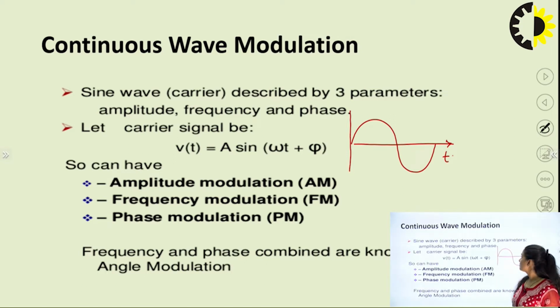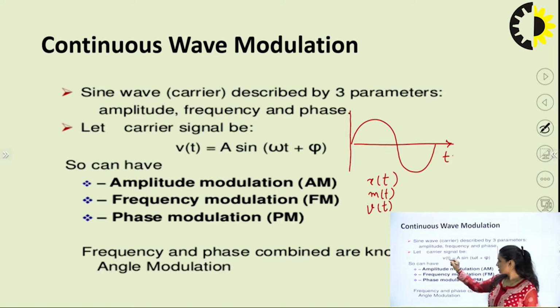Here I can take the wave as a sine wave or a cos wave. So here my sine wave can be represented by three parameters. If I consider my message signal to be a voltage signal, I may represent it as x(t) or m(t) or v(t). Let's suppose I have considered it as v(t). So my v(t) is A sin(omega t plus phi), where this is the amplitude part and this complete part is my angle.